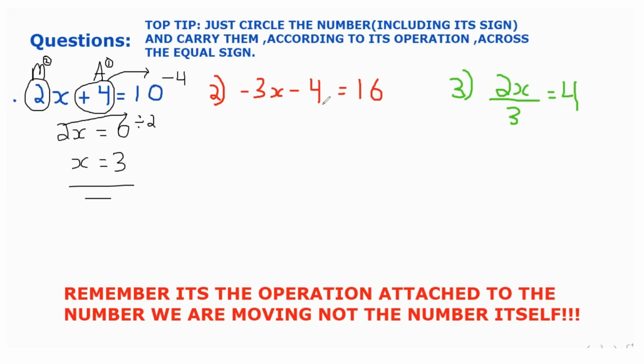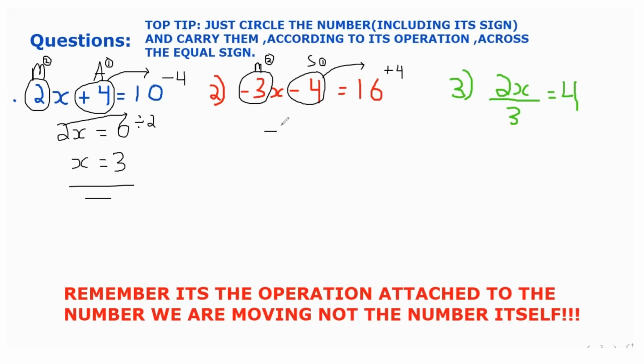Number 2. Same thing, so let's circle our operations. We see a little subtraction going on here, and this is not subtraction, it's still multiply. Don't fall for the trick. We carry across the S first and the M second, just like before. When I carry across subtraction, it switches to addition, so I get 16 plus 4.